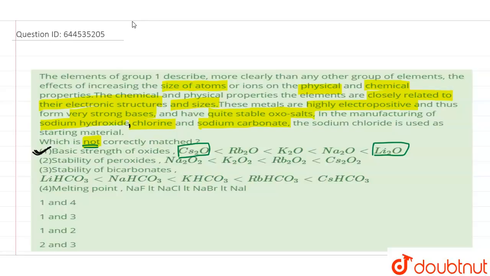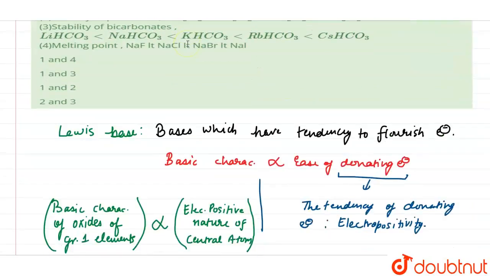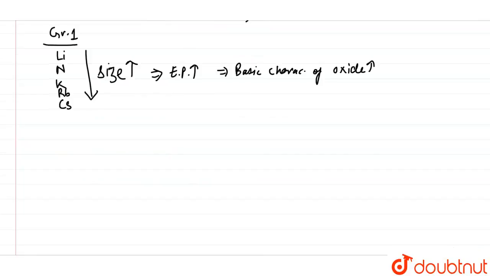Now let us see the stability of peroxides. Okay. To calculate the stability of peroxides, the concept that we are going to use is that larger anions form stable compounds with larger cations. What is the concept? I will write it down for you. Okay.